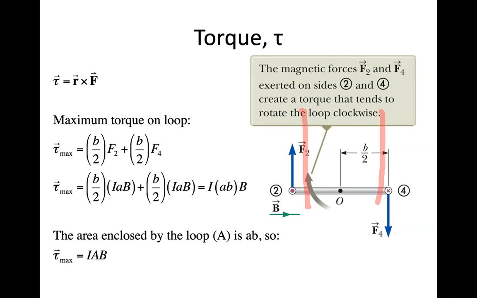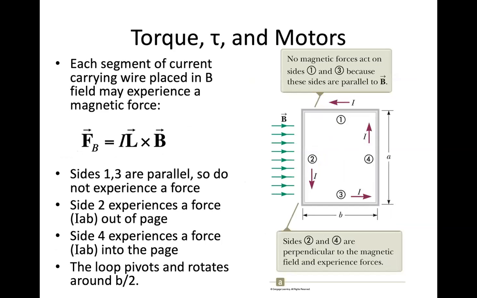Those are the ones that I'm seeing here as F2 and F4. So from here, I want to find that force that is going to push that side kind of out of the board. So this would be an out force, and I want to find the force that pushes that in to the board. So let's look at that separately, and then we'll come back to the torque.